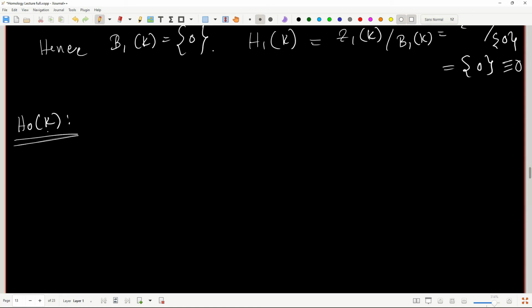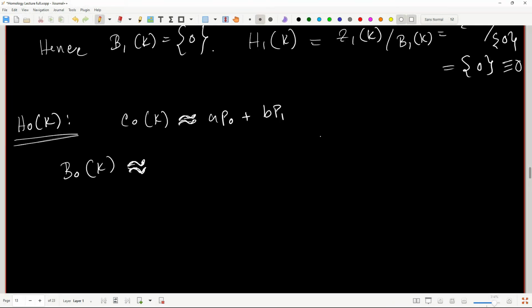So our c0 of k was a p0 b p1, and we have our b0 of k. Again, I'm just talking about elements, okay? So these are just elements, so let me use this symbol. They consist of elements like this, that's what I mean. So I want to compute the b0s, and before I compute b0s, I want to compute our z0s as well.